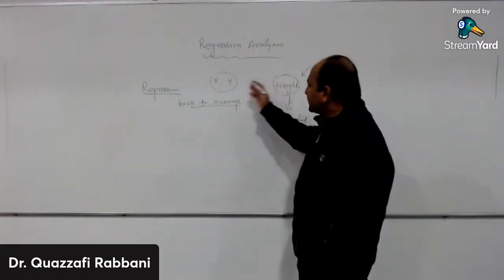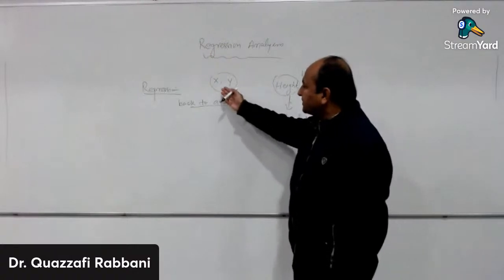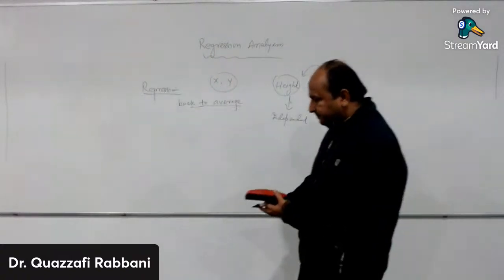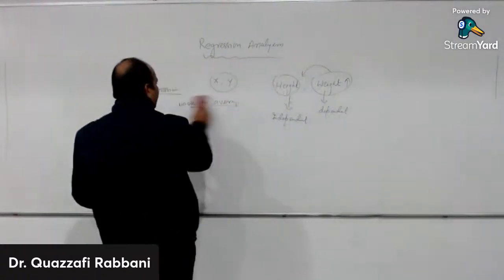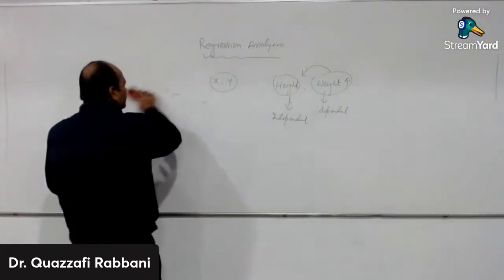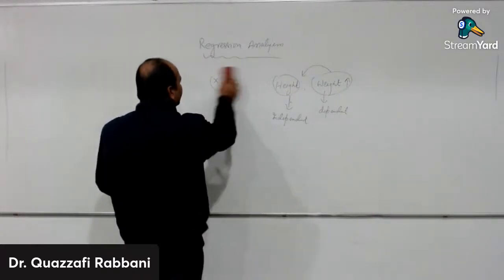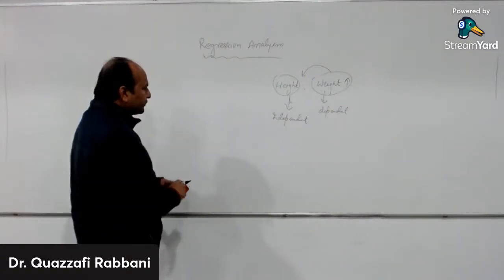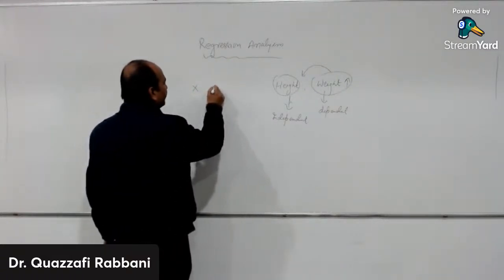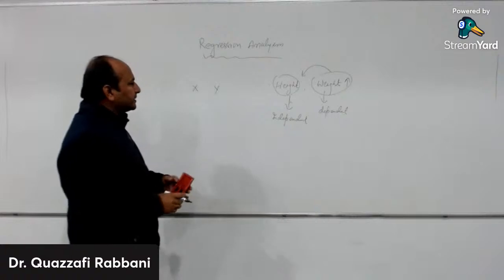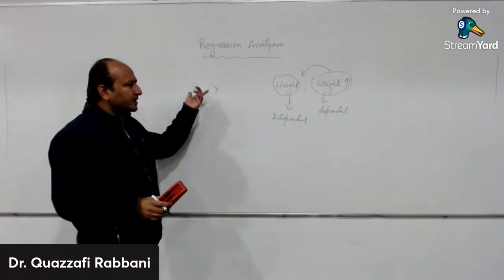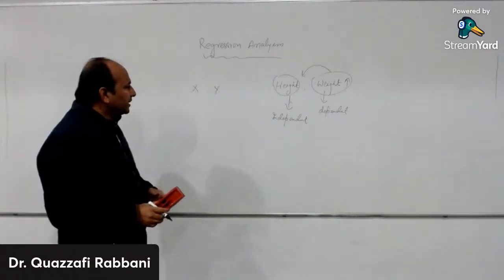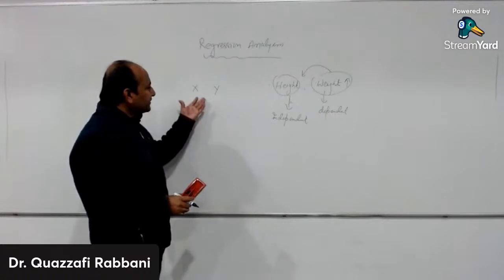So suppose these two variables are termed x and y. Now, starting regression analysis, we consider two variables x and y, and these two variables are correlated, meaning there is a relationship between them. So what is the cause and effect?